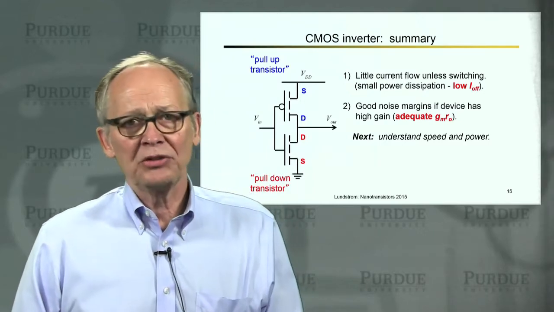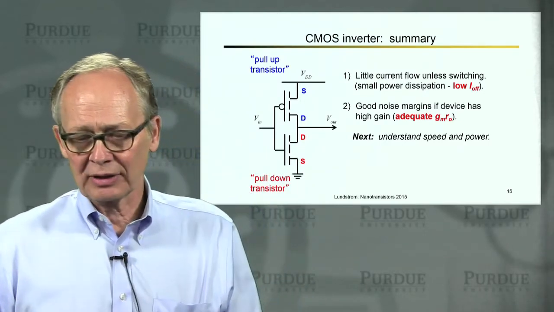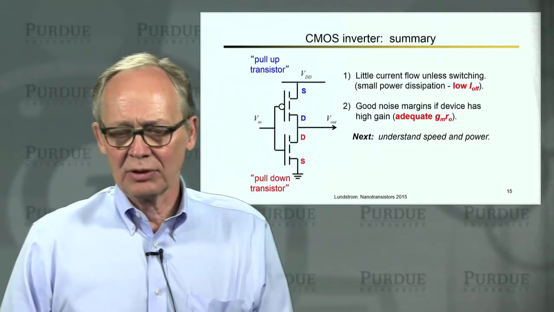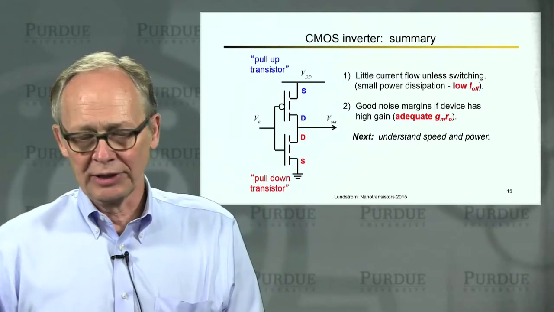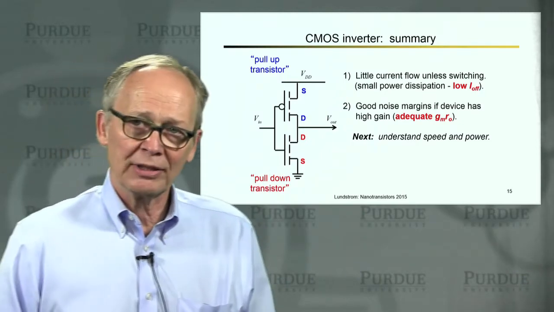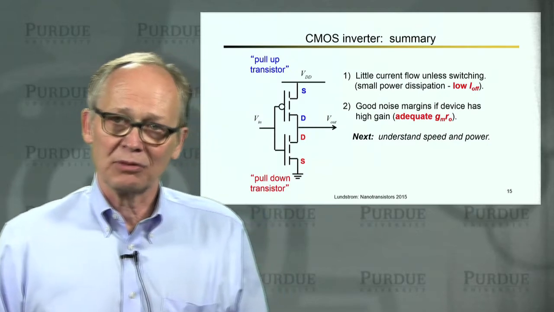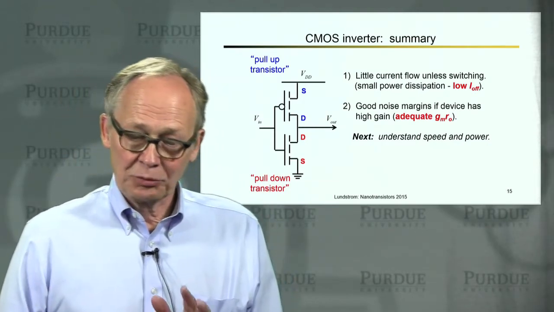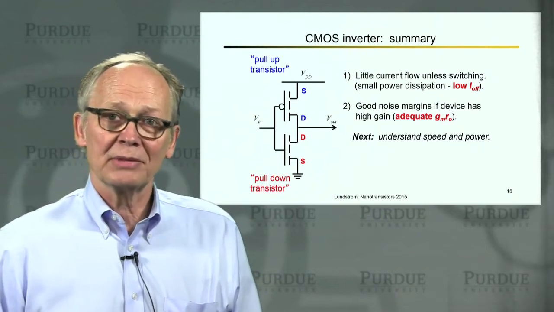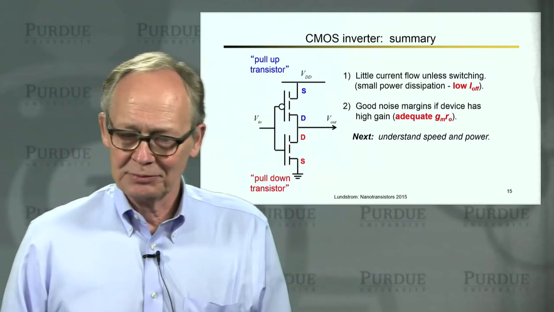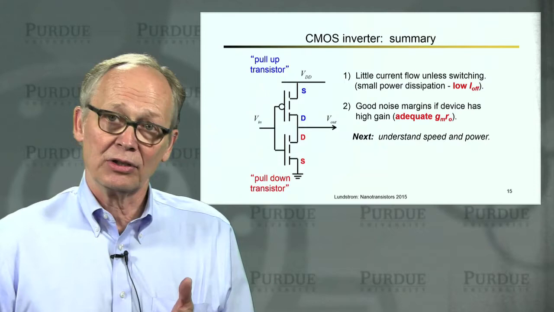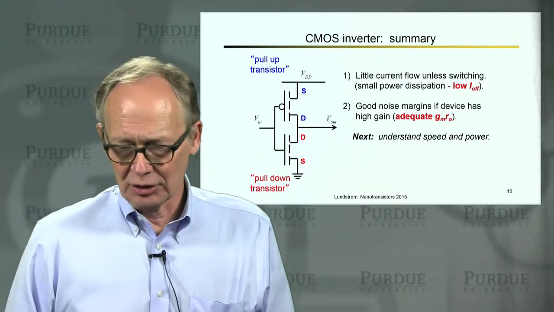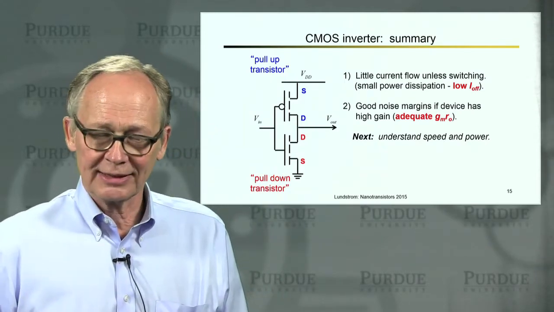And the important points to remember about this circuit is that very little current flows unless we're switching between 1 and 0. So we have small power dissipation as long as we have low off currents. This circuit displays good noise margins as long as we have adequate gain. So we have adequate gain if we have a good enough transconductance and a large enough output resistance.